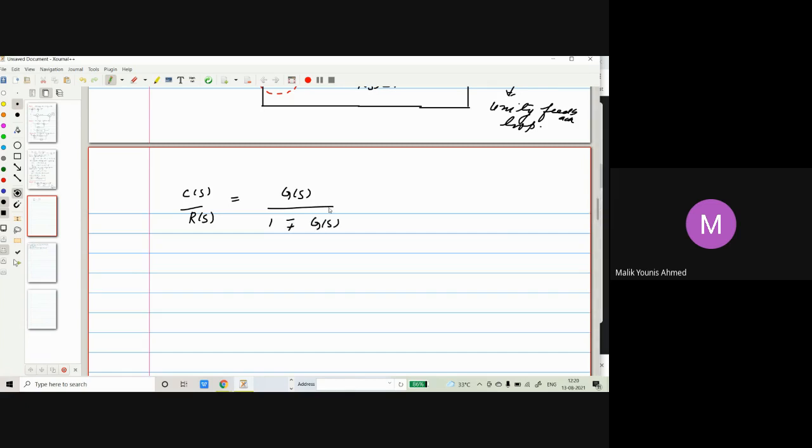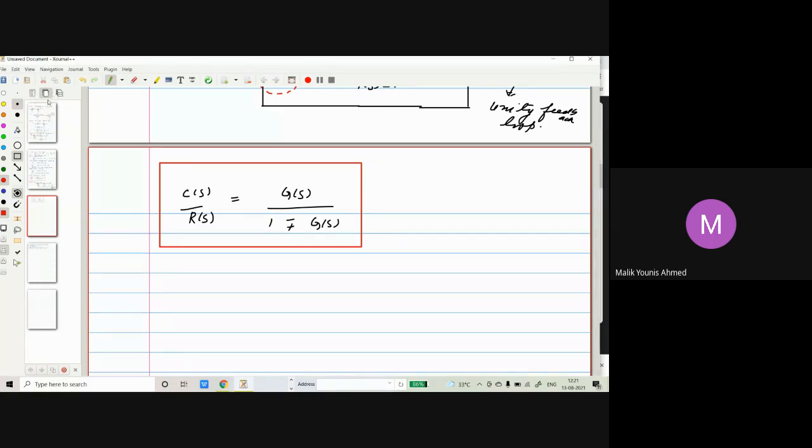So there is a bit of amendment when there is a unity feedback loop, that means H of s we have to put equal to 1.